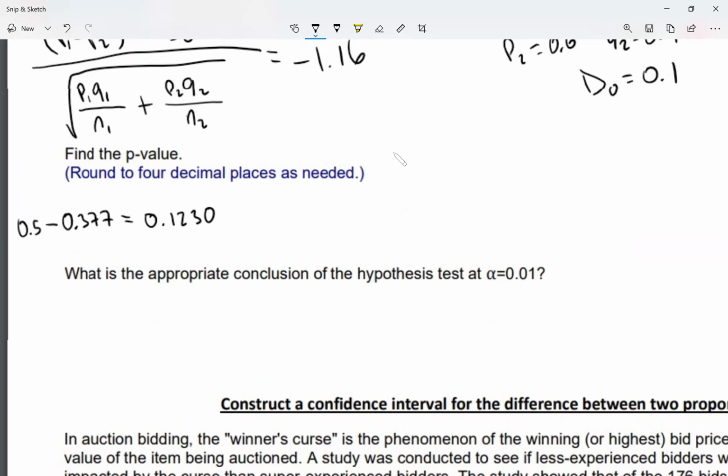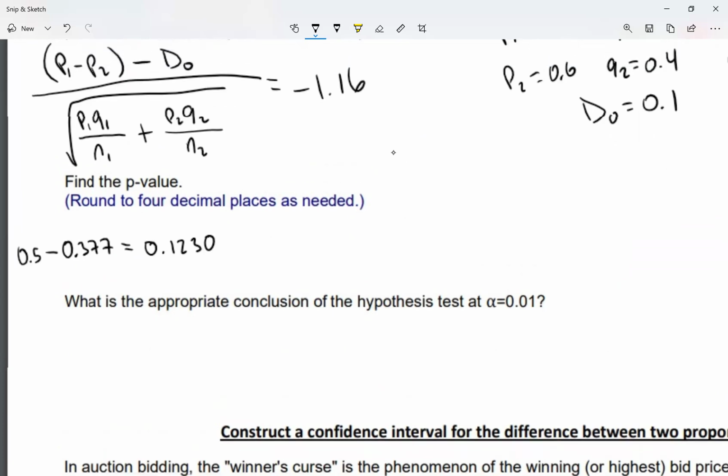What I'm going to do is compare my alpha and my p-value. I know alpha is 0.01. My p-value is 0.1230.